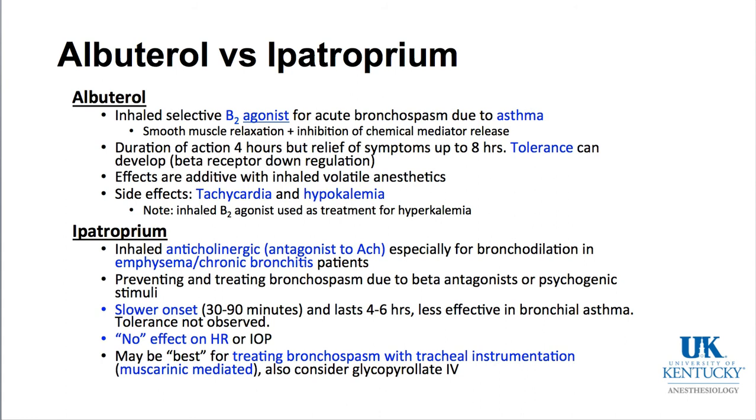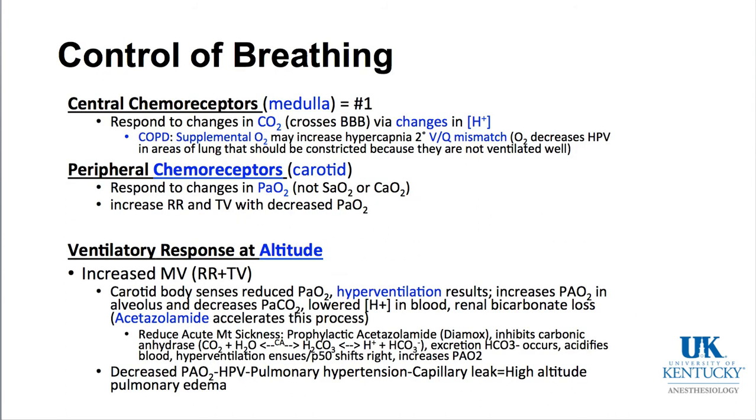And it's very good at treating bronchospasm that is reflexively associated with tracheal instrumentation. Tracheal instrumentation bronchoconstriction is predominantly muscarinic mediated because of the parasympathetic predominance of the lung innervation, and intravenous glycopyrrolate or inhaled ipratropium can block that.